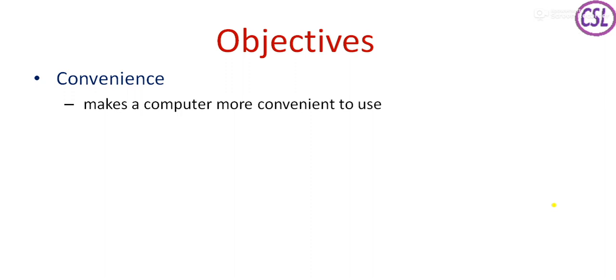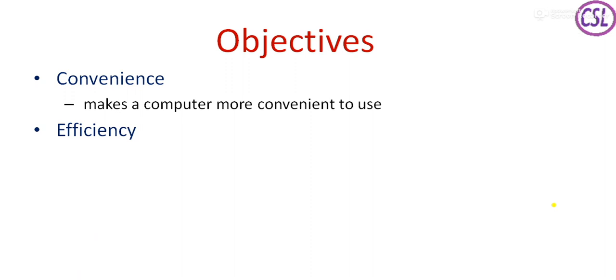The best example in our world is that the Windows operating system is the most convenient operating system. You can identify very easily the different tasks in Windows operating system, what the menus are, what the new things are, you can easily learn. So for that reason, most of the users are ready to use Windows operating system, even though we have different operating systems. That is called convenience.